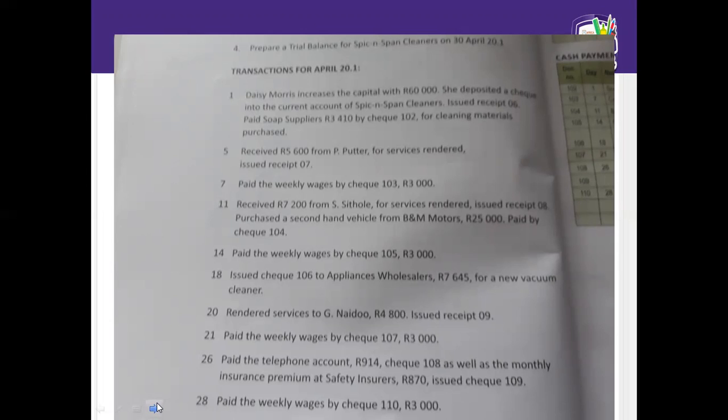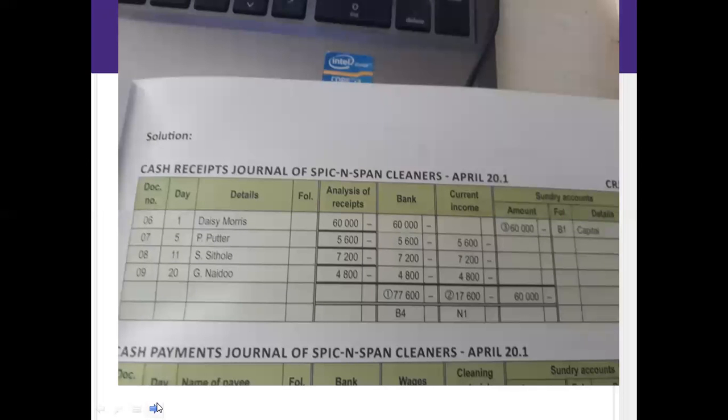Right, before we look at the transactions, let me just go quickly to the journal so we can look at the subheadings. So there, for instance, is the CRJ, the cash receipts journal. Let's look at the headings. It's document number, day, details. Don't worry about that small folio column. You don't work with that. Then analysis of receipts: bank, current income, and sundry accounts.